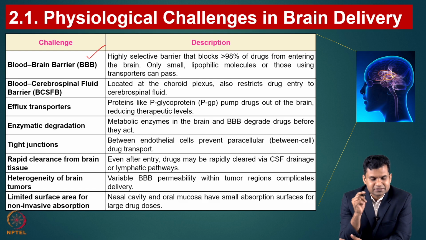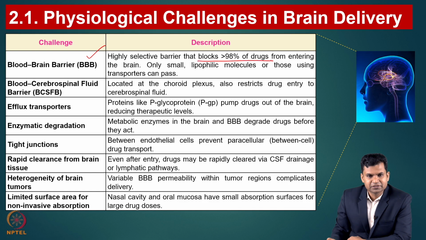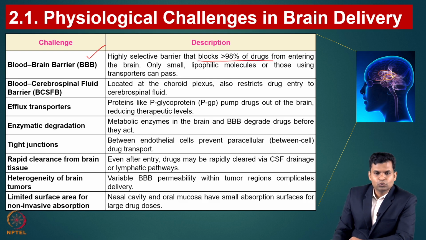And that blocks 98% of drugs from entering the brain. Because of that, the blood brain barrier is one of the rate limiting steps in brain delivery. So, bypassing, crossing and targeting into the brain is very critical.